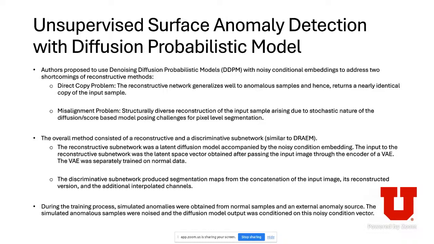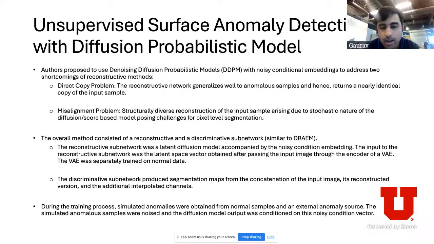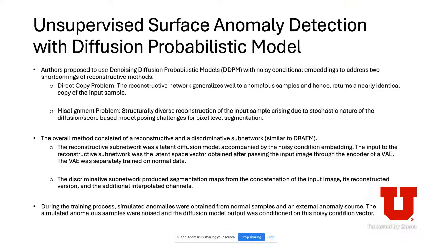Okay, and then do they train this discriminative subnetwork and the diffusion model altogether? I think that's a good question. I will try to verify it. Concretely, you can also do this step by step. You can first train the diffusion model, and then from the data used to train the diffusion model, you get its reconstruction, and then you can use that to train a discriminative network.